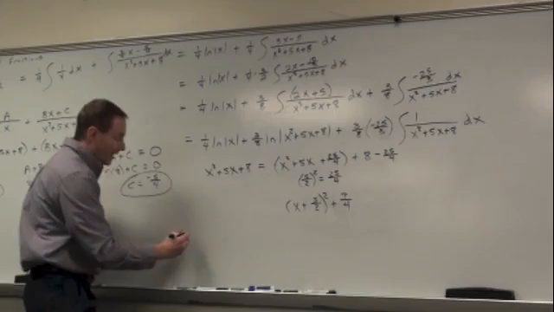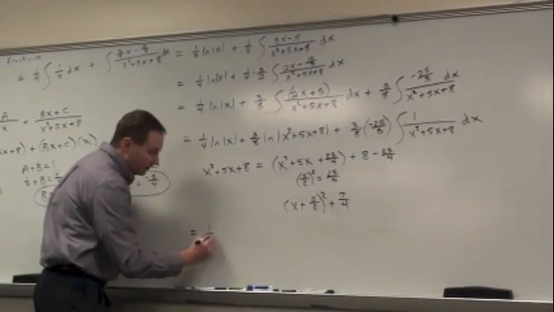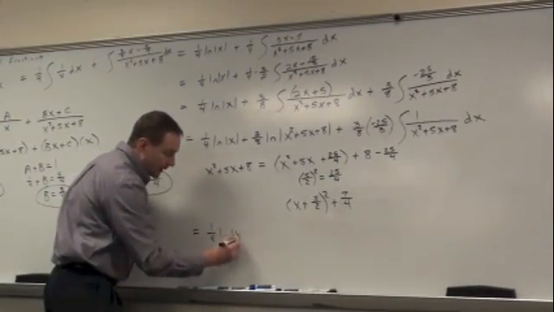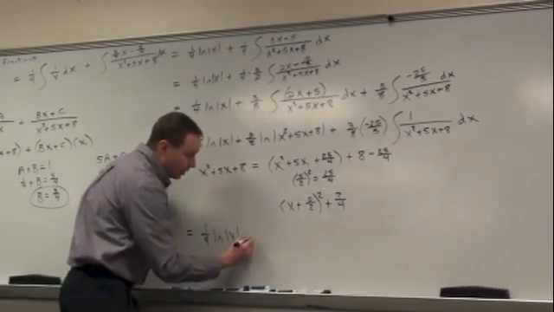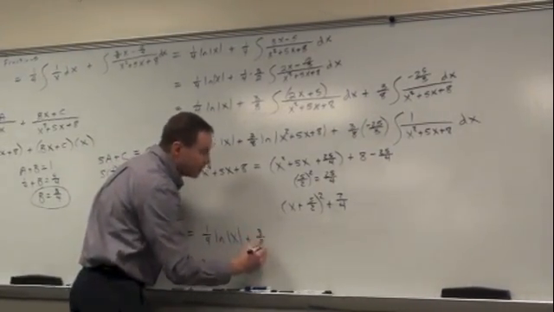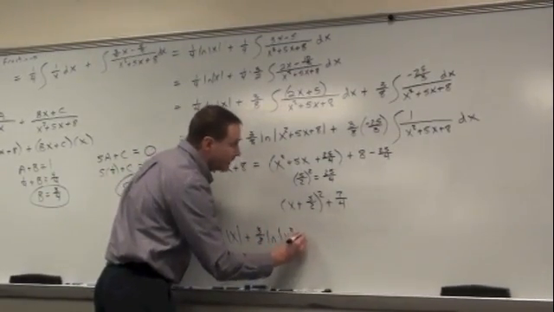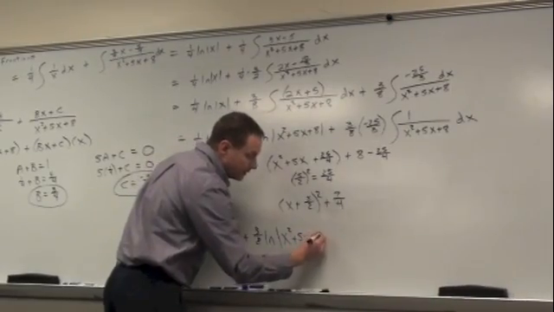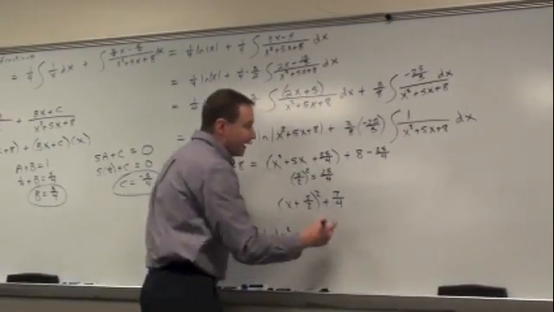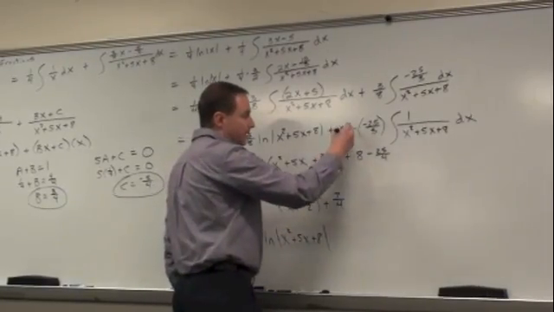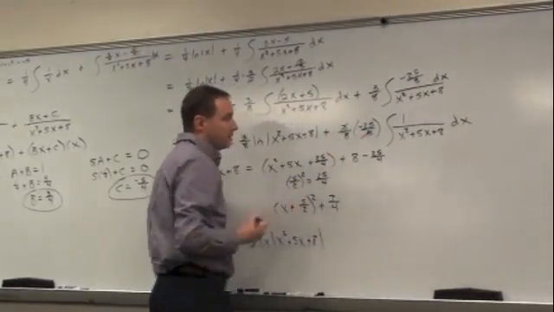So right now, this is going to equal 1/4 the natural log of the absolute value of x plus 3/8 the natural log of the absolute value of x squared plus 5x plus 8. This last group, I can do some simplifying and say, well, those 3's cancel.